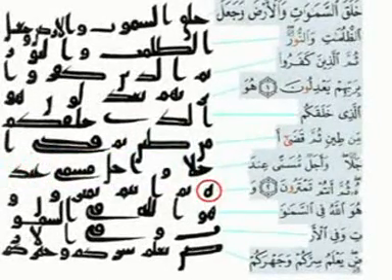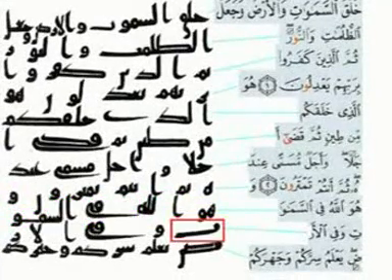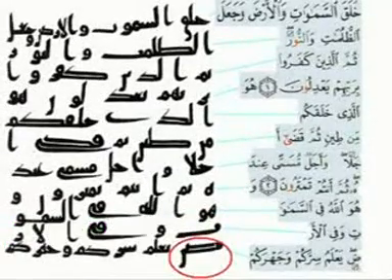Dal here and ha here, عنده. ثم أنتم تمترون. وهو الله في السماوات وفي الأرض. الضاد here. يعلم سركم وجهركم.